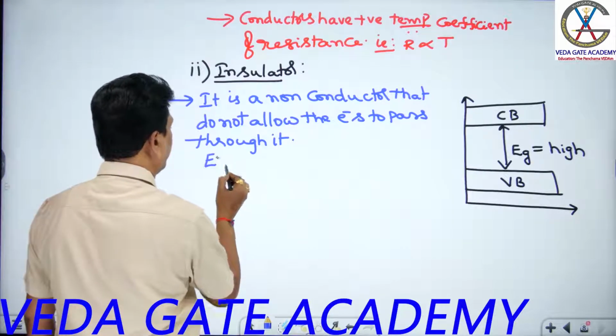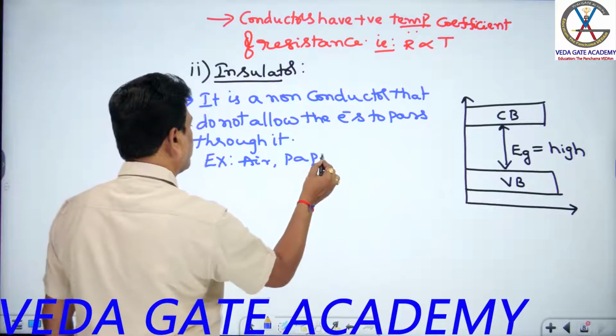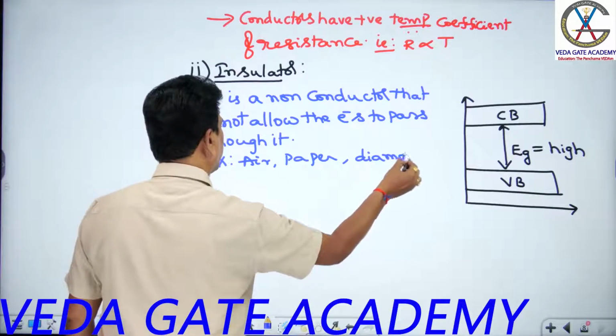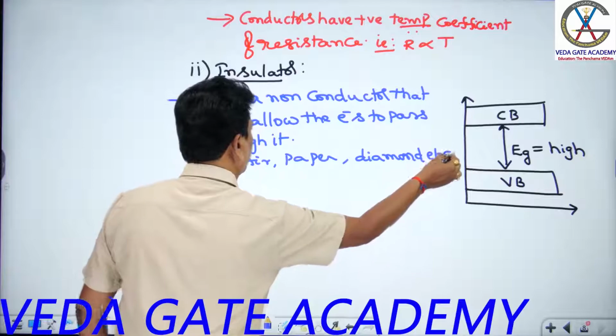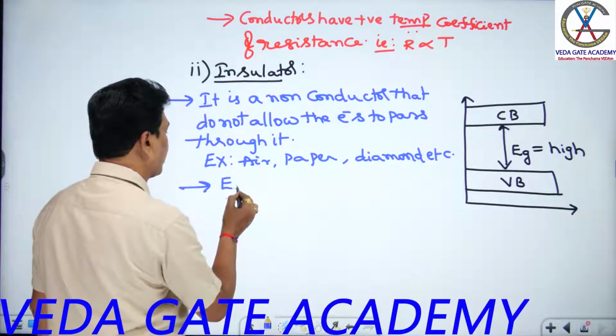Okay. Examples: air, paper, plastic, all dielectric materials, paper, plastic, diamond, all these things. Confirm? I told you, sir, the energy gap is very high.